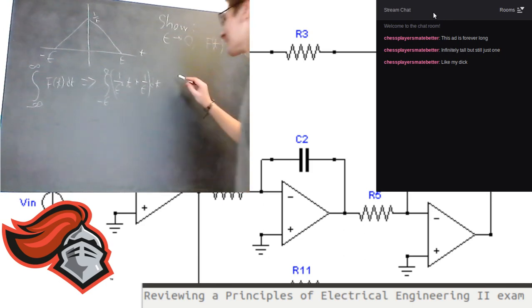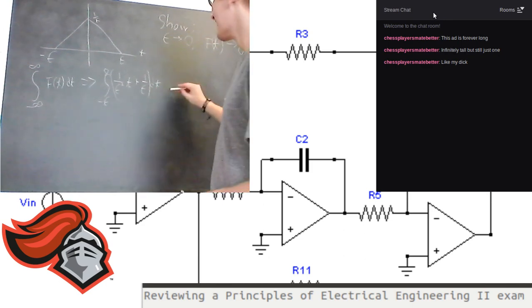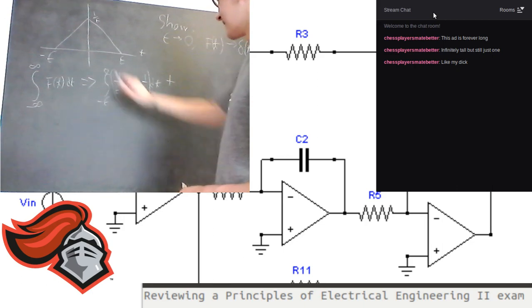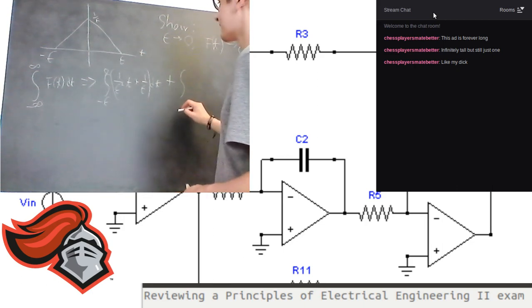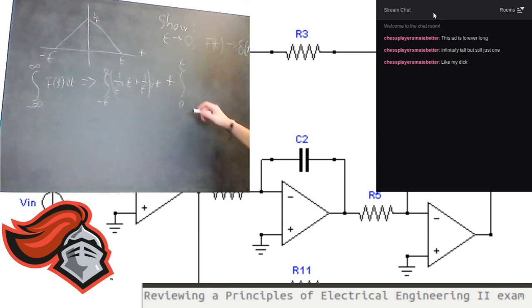And then we also have this half, which is the same, except it's negative. So it's the integral from 0 to positive epsilon of 1 over epsilon minus 1 over epsilon squared t dt.